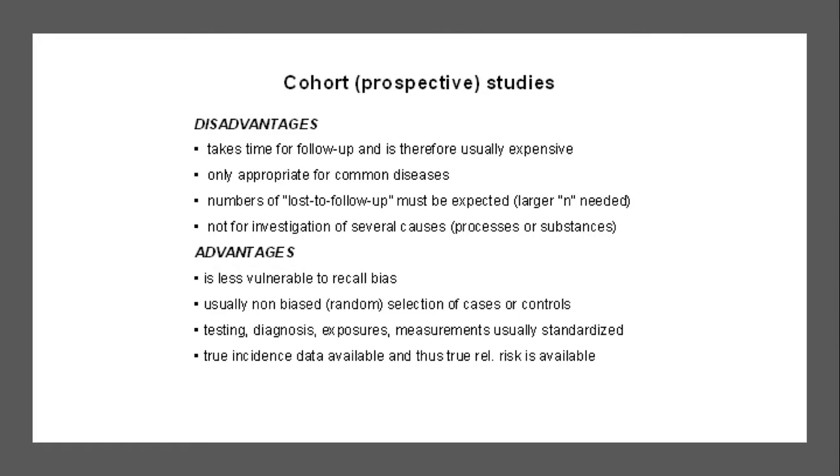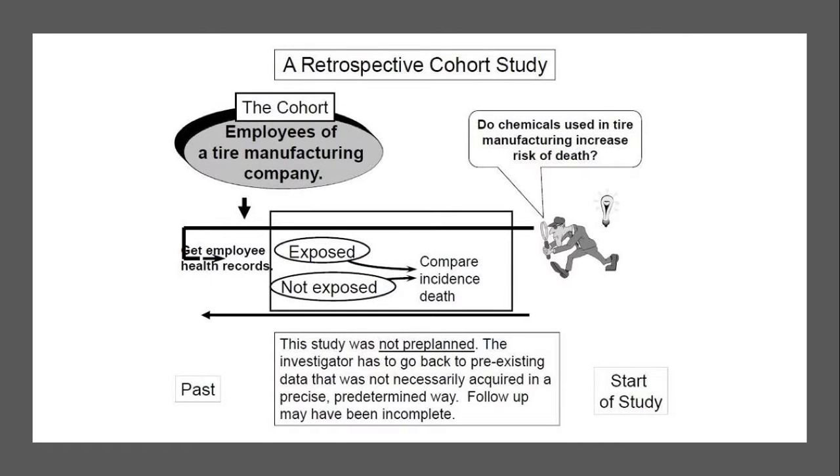And there's usually non-biased selection of cases and controls, and testing, diagnosis, exposures, and measurements are usually standardized. And the big thing is you can really calculate the true incidence of a disease, and most of the time they'll be reporting the relative risk of that particular disease.